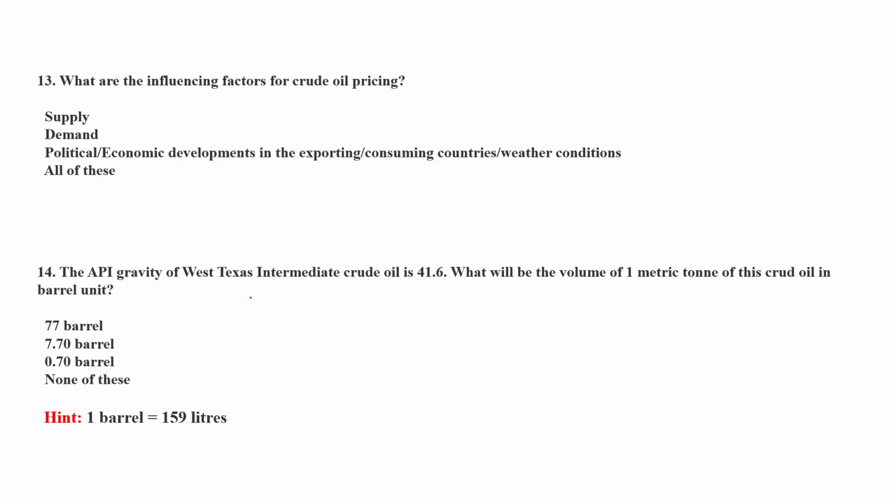So let us start with this question. Let us first calculate the specific gravity, as API gravity is given. So it is 141.5 upon 131.5 plus 41.6, which is 0.81744.